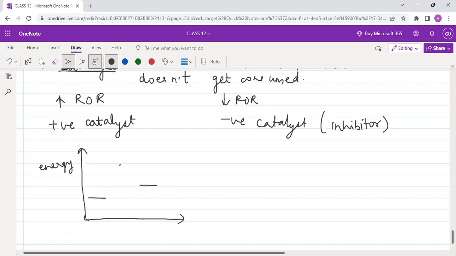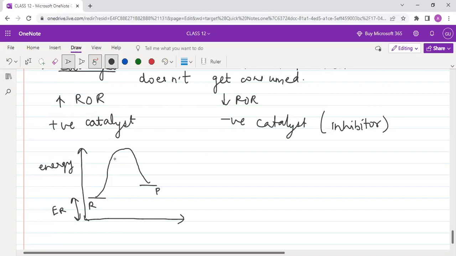So I'll explain to you. Now see, you have reactants. This much energy is of the reactant, so it is represented by ER. And this is the energy of products. Now you must have studied this type of curve. Reactants are getting transformed into products.